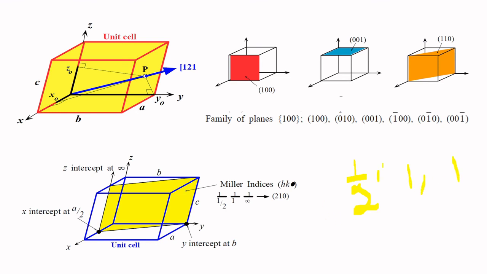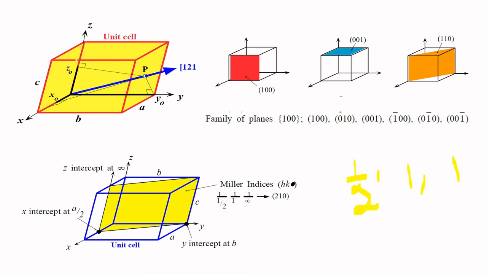Then what you want to do is take the reciprocal, that is 1 divided by 1 by 2, then 1 by 1, 1 by 1. You multiply with 2, the least common factor for these values. So 2 by 2 is 1, 2 by 1 is 2.